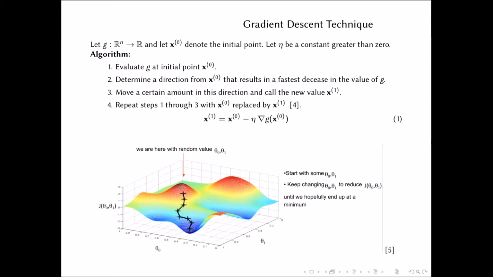So we repeat steps 1 through 3 with x now replaced by x1. This equation generalizes the first 3 steps: x1 is equal to x naught minus eta times the gradient of G evaluated at x naught. We repeat this many times until we find a local minimum.